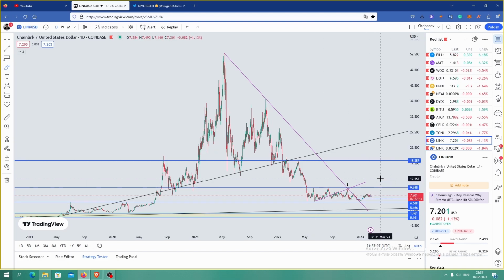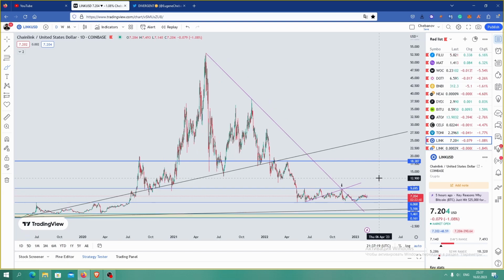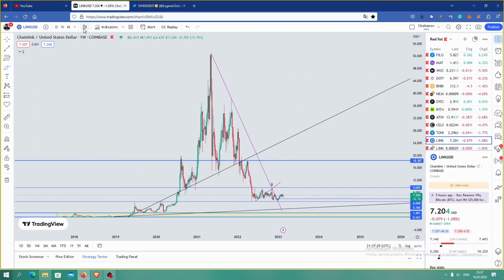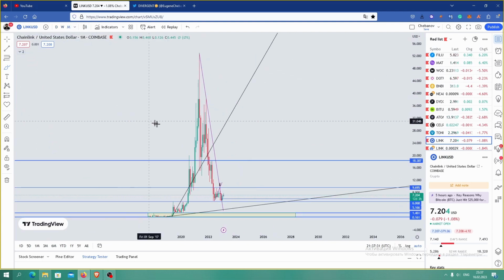I told you that a lot of assets, big money, they withdrew their assets from active trading, and the volatility of Link is going to decrease, and it actually decreased. And if Bitcoin continues after some pumps, as I told you before, let's look at the weekly.